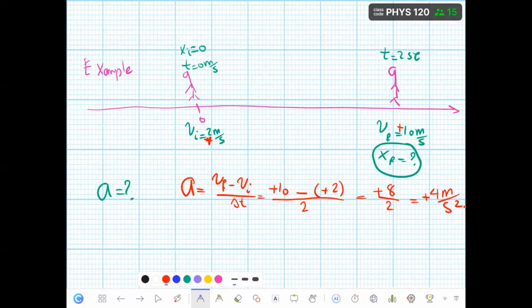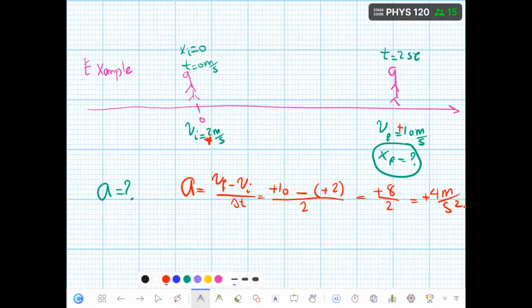Which part didn't you understand? No, you cannot do this, okay? Because of the definition. We need to know the formula is change of velocity over time.